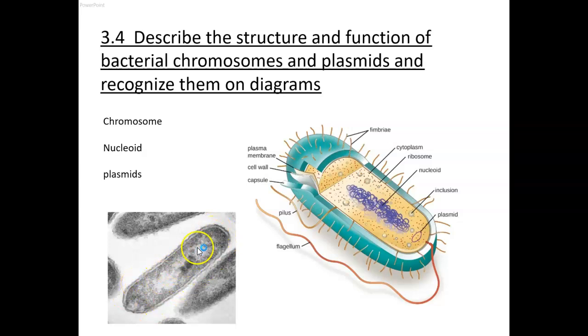So a lot of times you can see this, and scientists gave that a name. They called that the nucleoid, and it just means the region where the chromosome's found, or you hear it called the nuclear region. If you look at the nucleoid, what you will see is the bacterial chromosome.